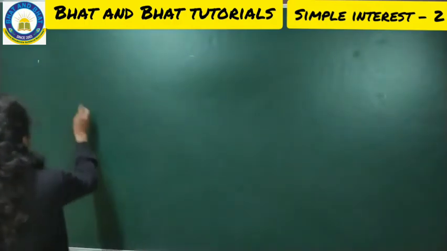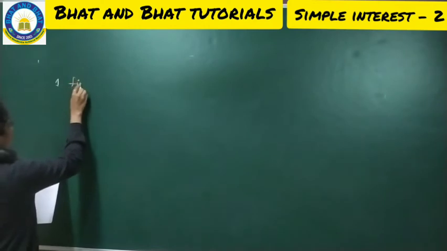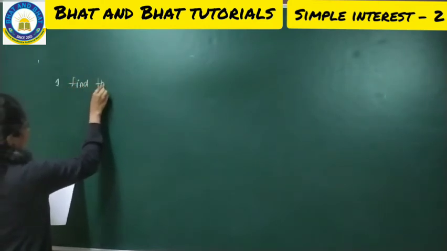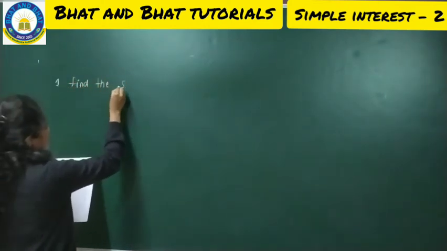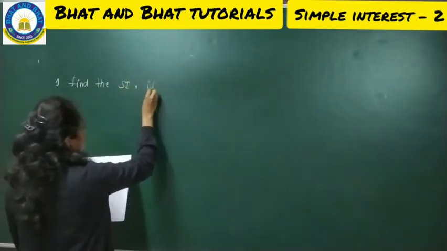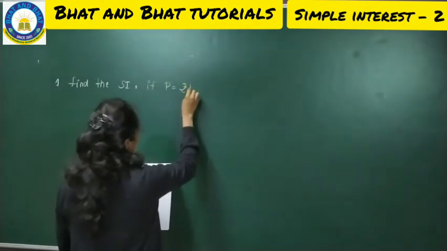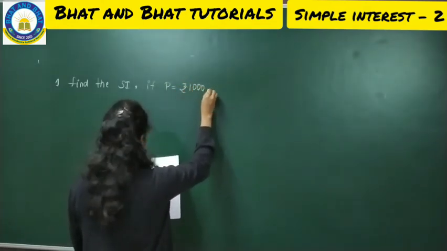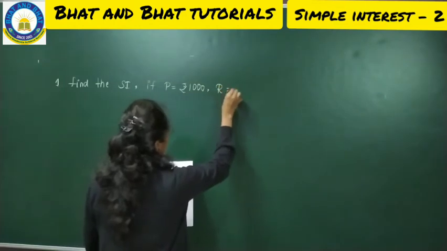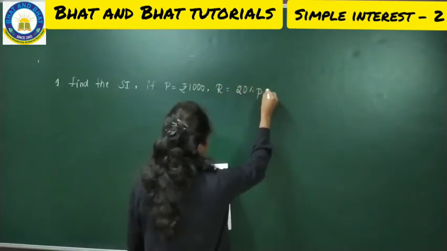The first question of today, see the question: find the simple interest if P, that is your principal, is equal to 1000, R is equal to 20% per annum.